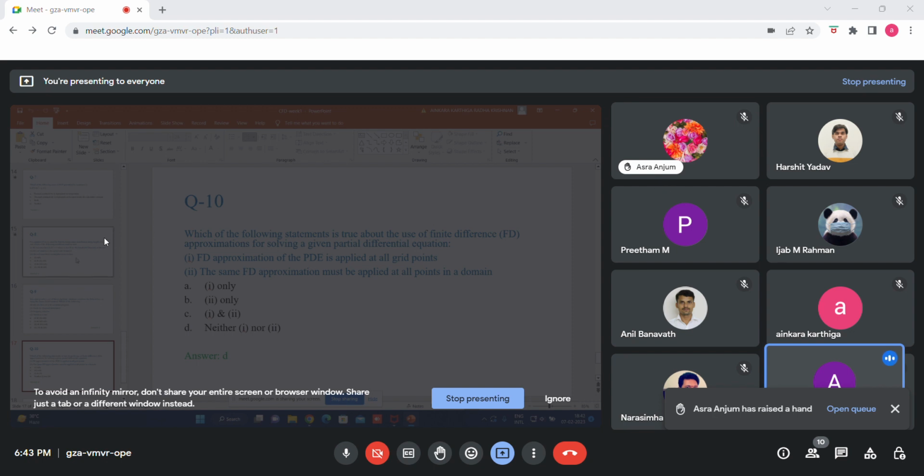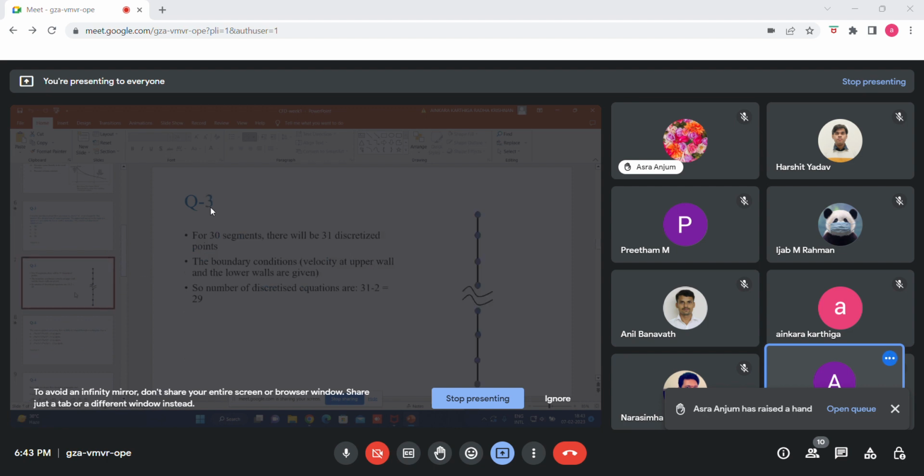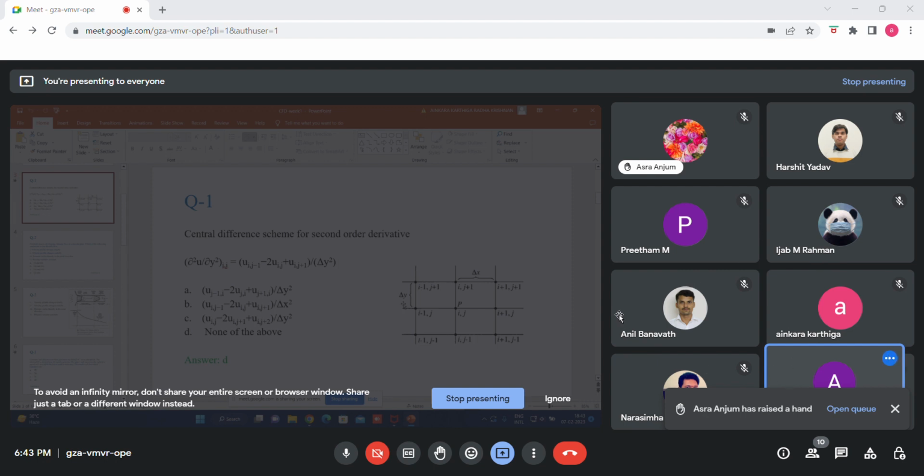Finite difference technique is nothing but, as we have seen, how to discretize this segment into different points. If this is a geometry, we'll be discretizing it into grid points, most probably if we consider a rectangular or square geometry. So we'll be discretizing it into equations like this.